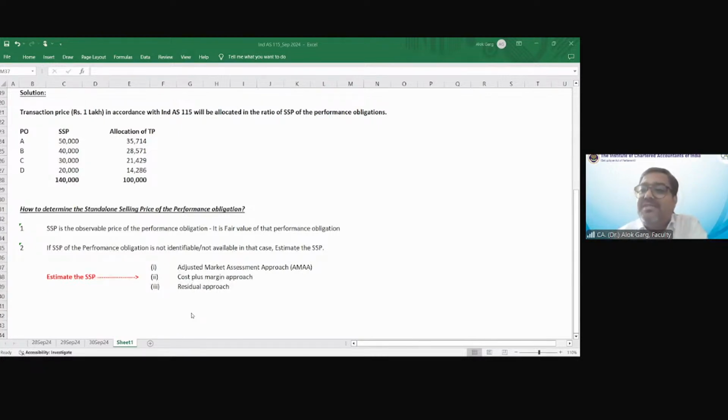If these kinds of hints are given in the question, you need to adjust your standalone selling price using the market price. I hope it is clear to all of you.